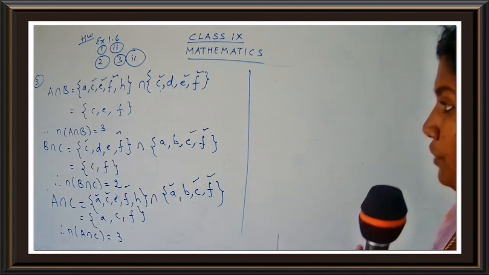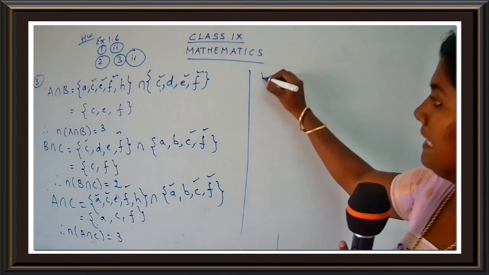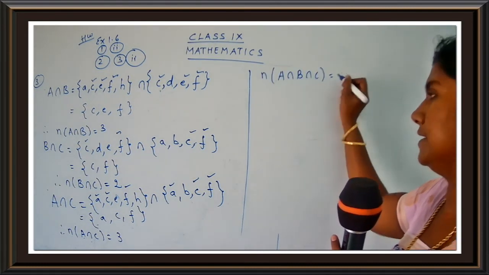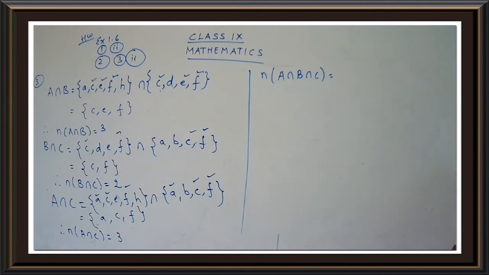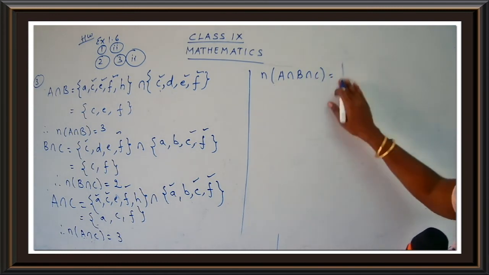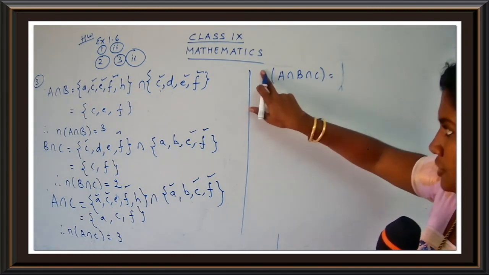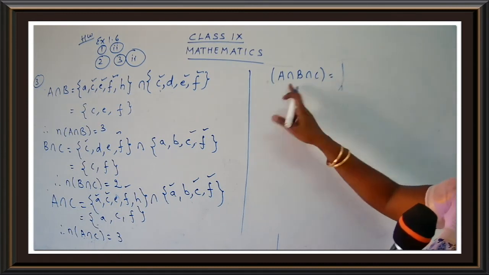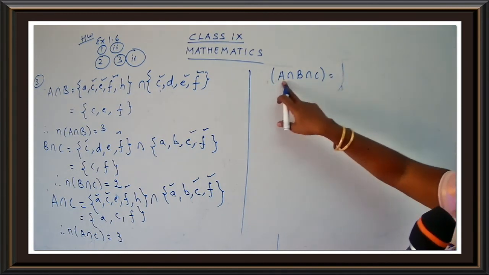So now we are going to find out n of A intersection B intersection C. What is the thing we are going to do? N of A intersection B intersection C. Let's find out. Let's write down all the elements first. Before finding n of A intersection B intersection C, we have to find A intersection B intersection C, and then we will put here n of the number.